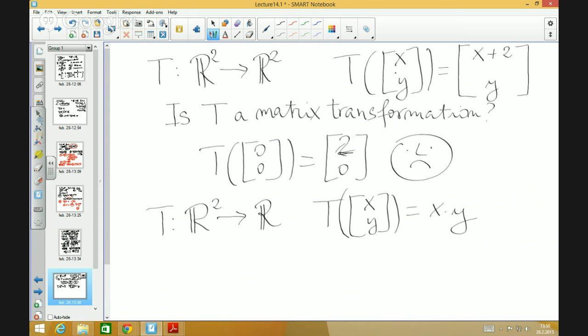Or is it a matrix transformation? It maps the zero vector to 0, so that doesn't tell us anything, but it's not linear because if you have 2x and 2y, you get like 2 squared.